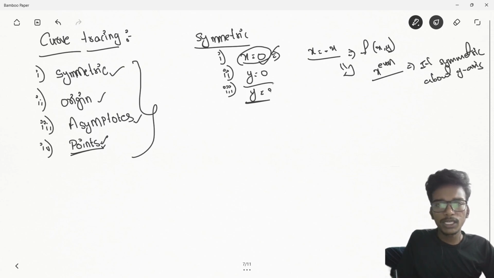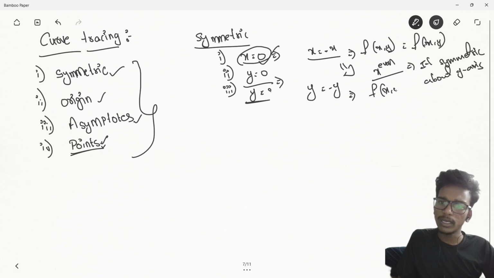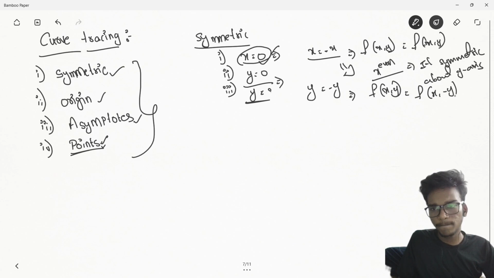If you want to check the symmetry about the x-axis, then just put y equal to minus y. If you obtain the same function f of x comma y, even when you put y equal to minus y, then we can say that the function is symmetric about the x-axis.